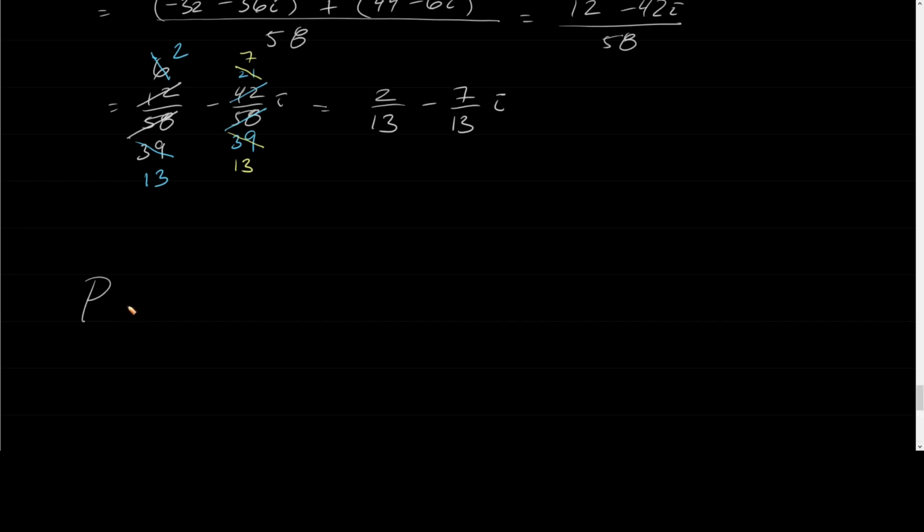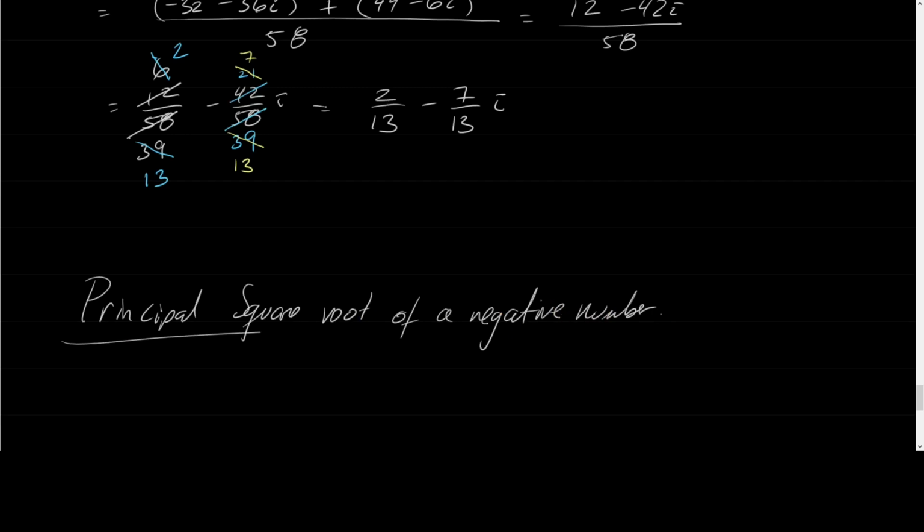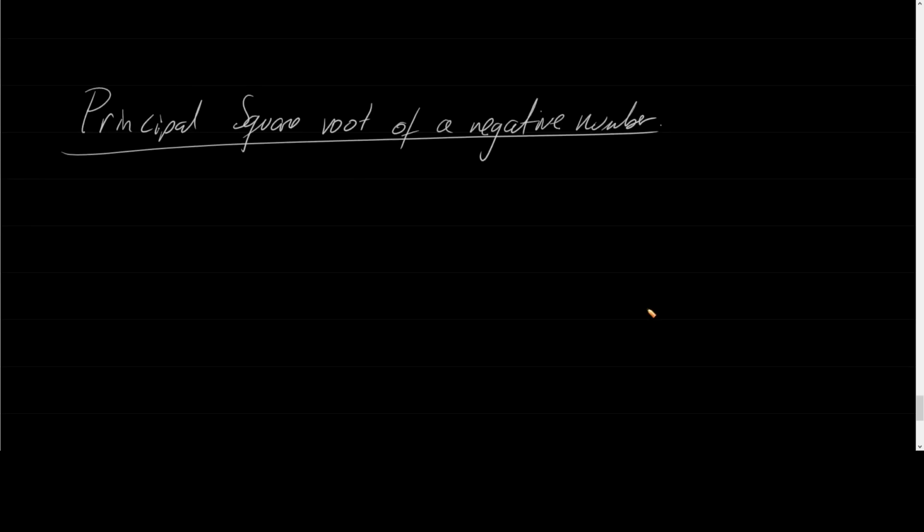Let's spell it correctly. Principal square root of a negative number. All right. So it's pretty simple. If I've got the square root of negative a, this is going to be the square root of negative 1 times a, which is just the square root of negative 1 times the square root of a.